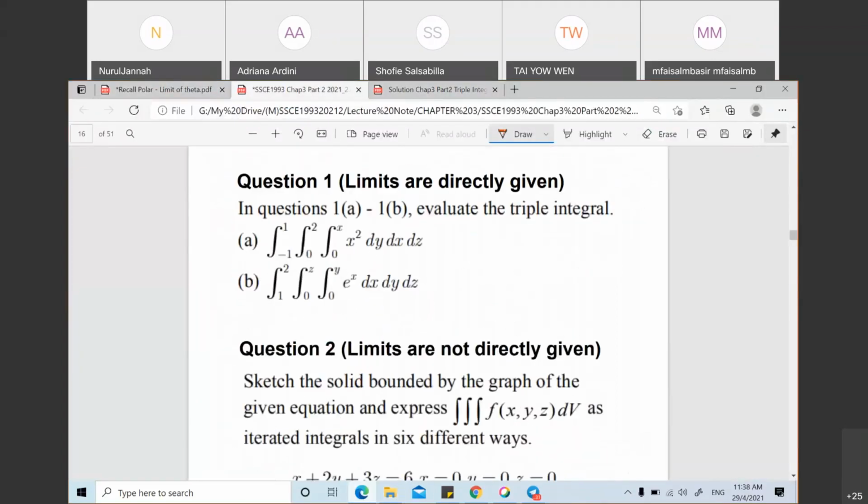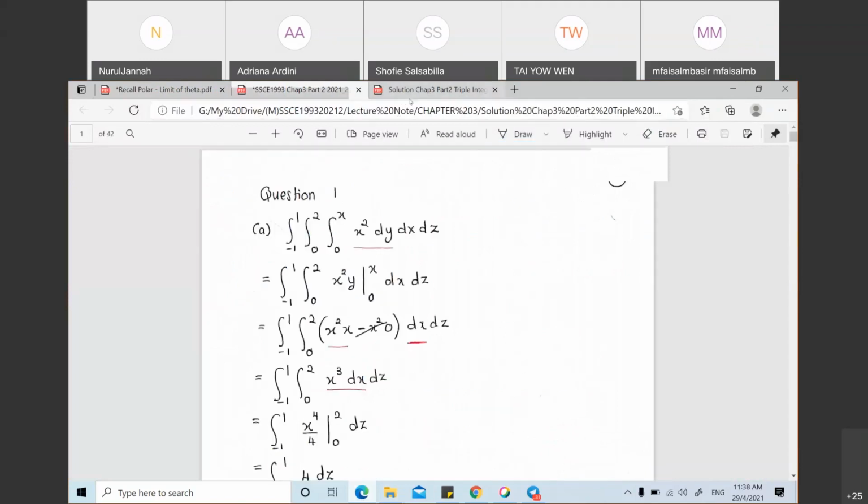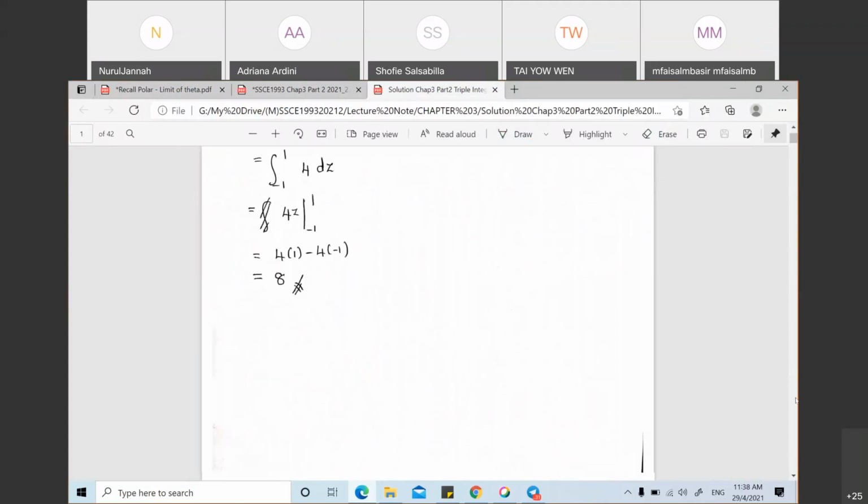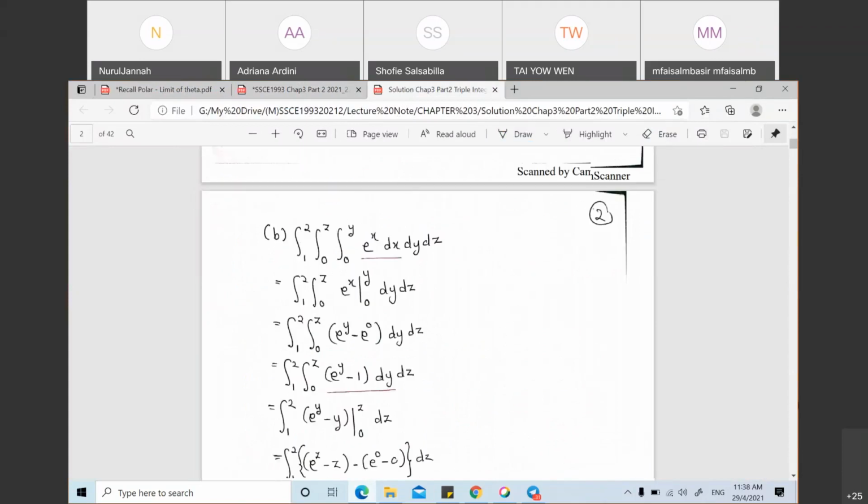Yeah, the first will be here. So do the inside one first. Integrate with respect to y, you get y from 0 to x. And then you get x cubed, you integrate with respect to x. And then with respect to z. You get the same thing. So this is, I think, no problem.